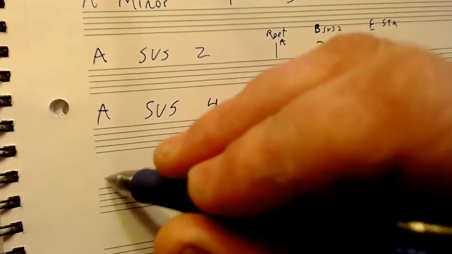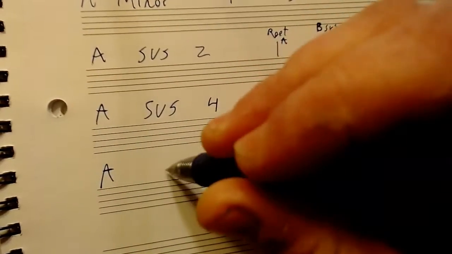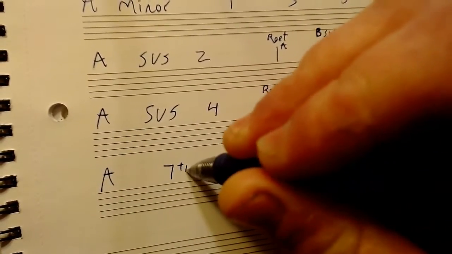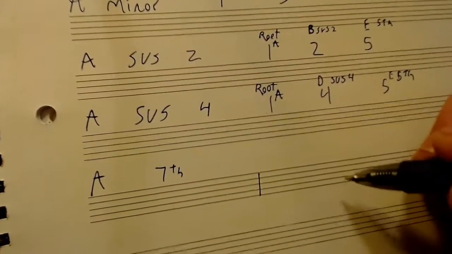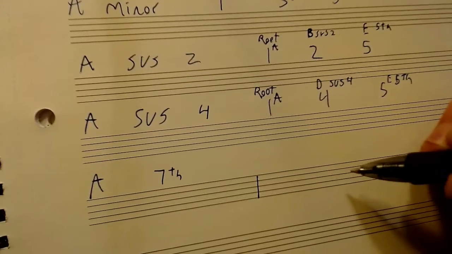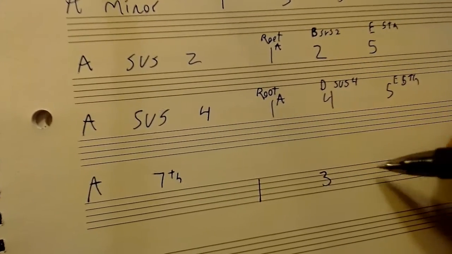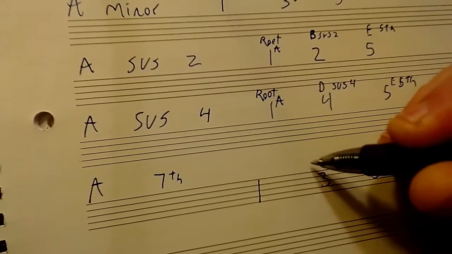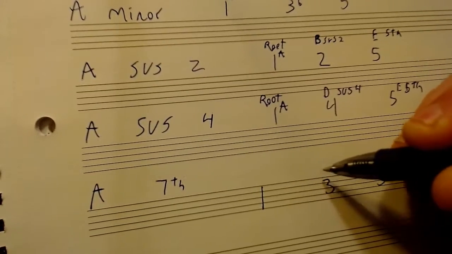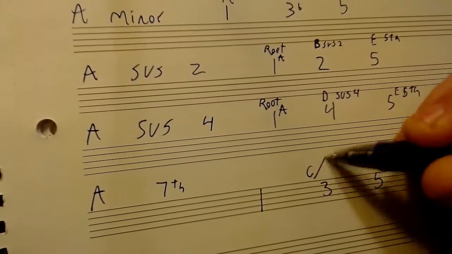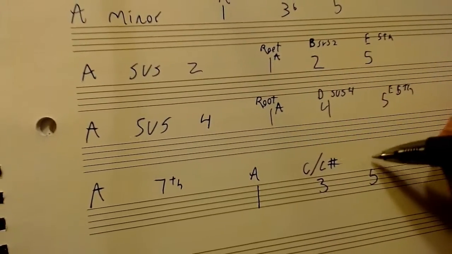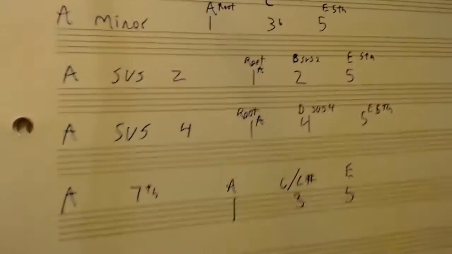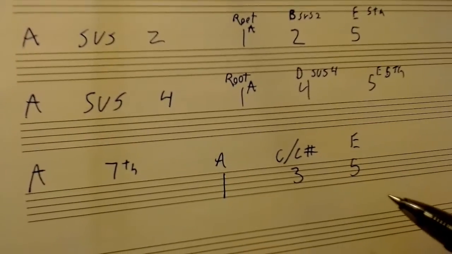Now, for the seventh, it's very simple and easy. We will take either a minor or major, so it can be C or C sharp. This will always be A, this will always be E. Either one will work.